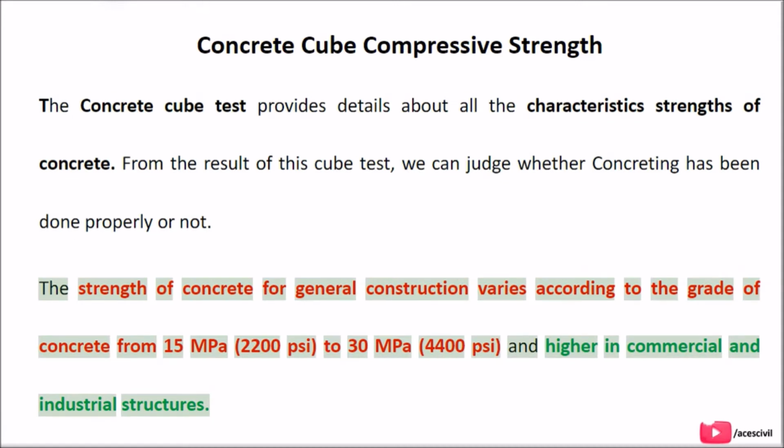The strength of concrete for general construction varies according to the grade of concrete from 15 MPa, 2200 psi, to 30 MPa, 4400 psi, and higher in commercial and industrial structures.